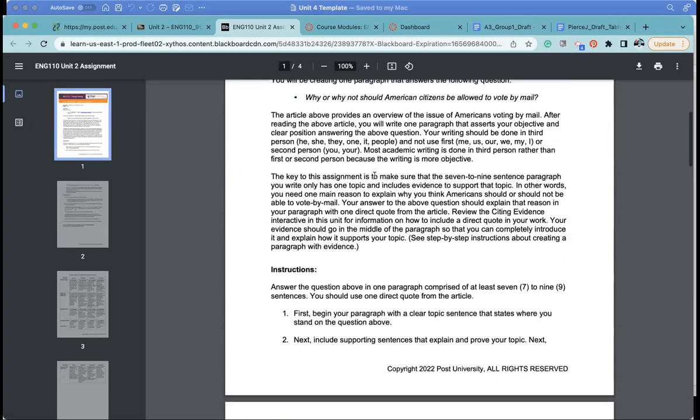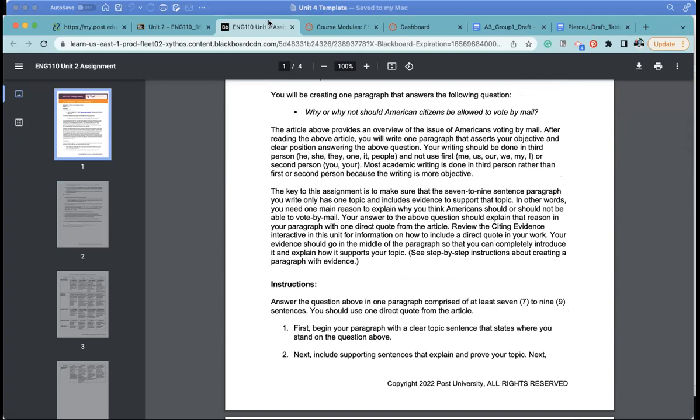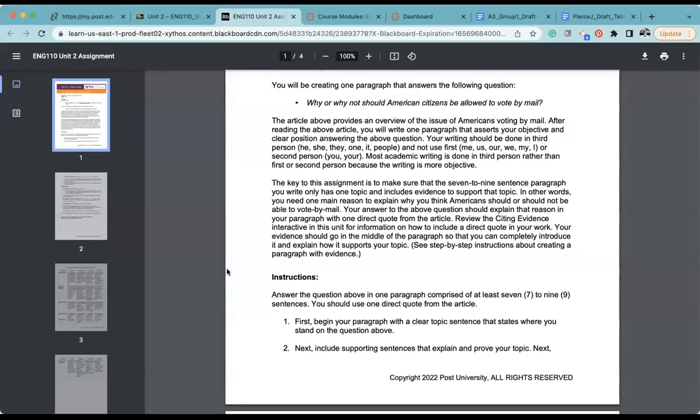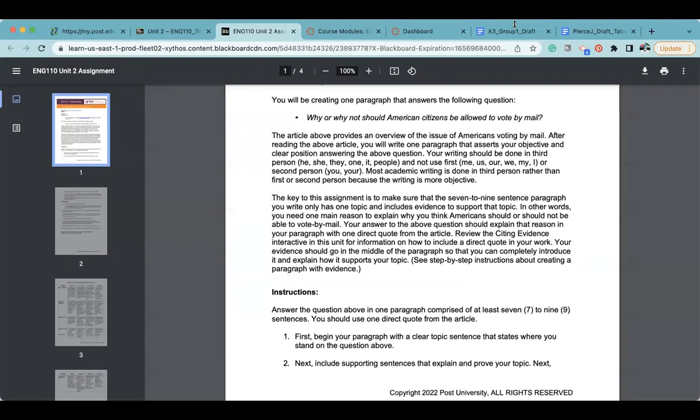So with that being said, I want to show you very quickly before I let you go what it's going to look like when you get grades back, because I've already graded the discussion boards from Unit 1, and I'll be grading the paragraphs from Unit 1 shortly.